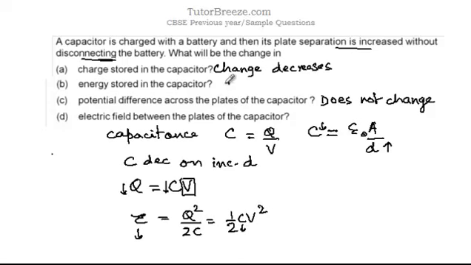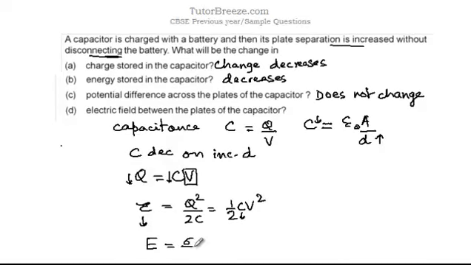So the energy stored in the capacitor decreases. Next, let's look at the electric field. The electric field E is given by sigma over epsilon naught, and sigma is Q by A, the charge per unit area. Now in this question, Q is going to decrease, so E will again decrease. So this also decreases.